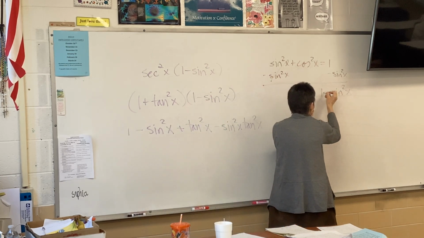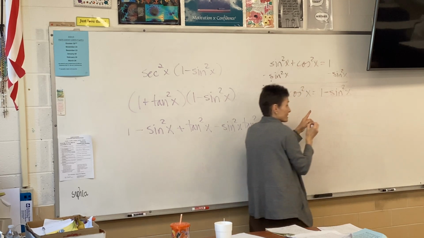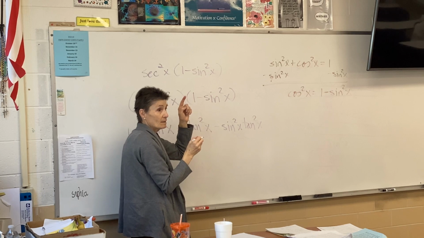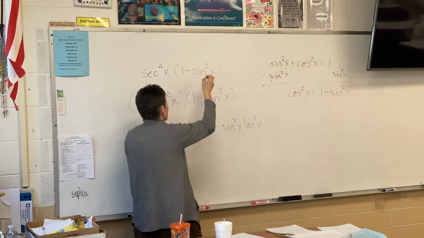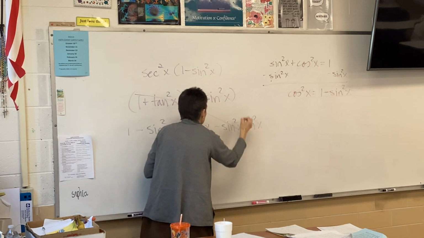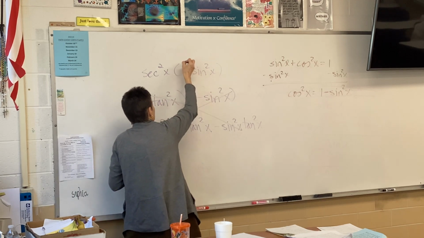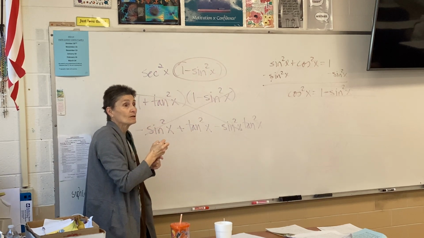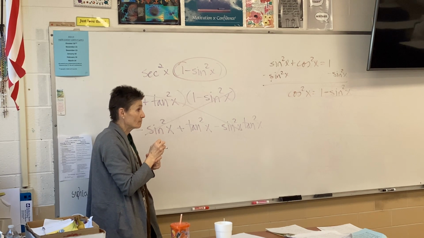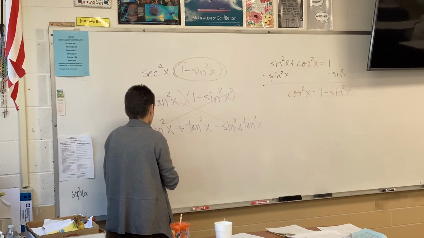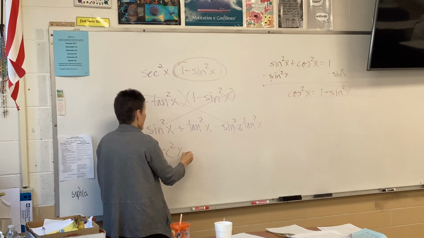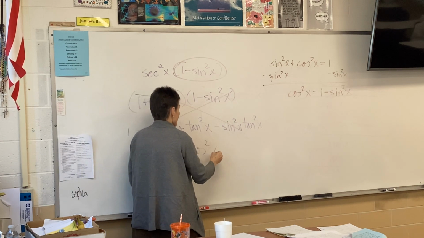It says 1 minus sine squared is the same as cosine squared. So let's not do this. Let's look at this and think of it as cosine squared. So now the problem says secant squared times cosine squared.